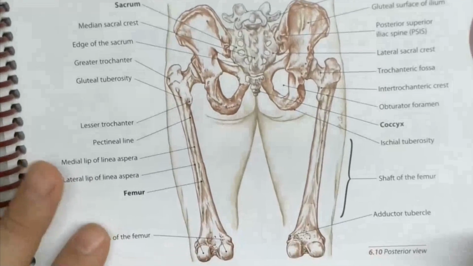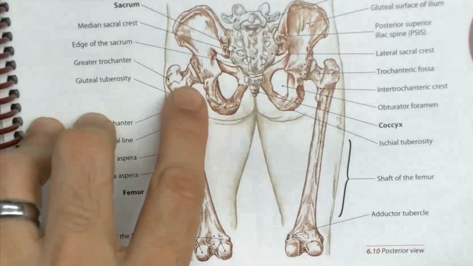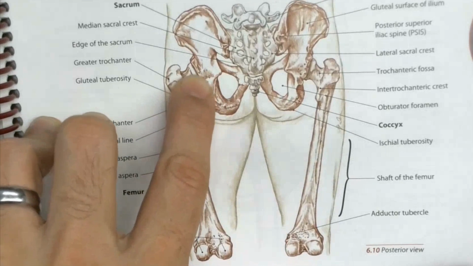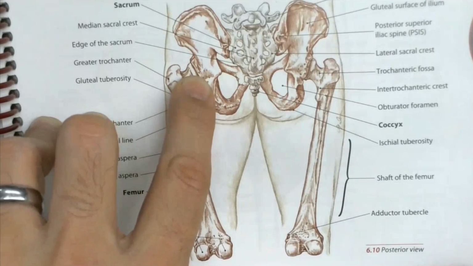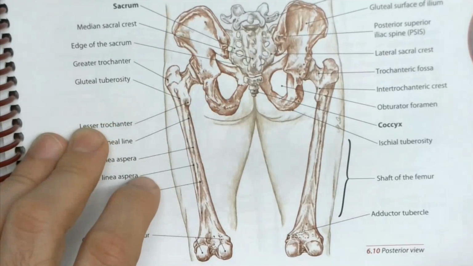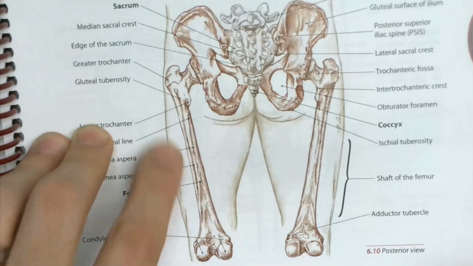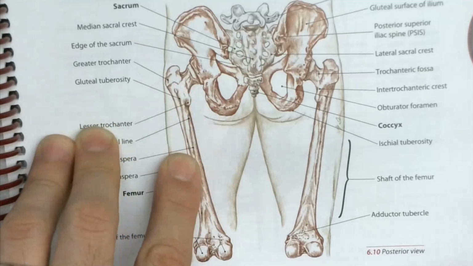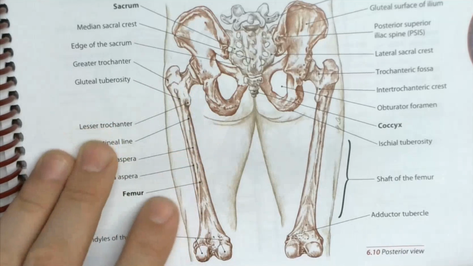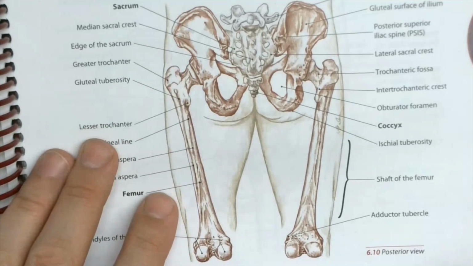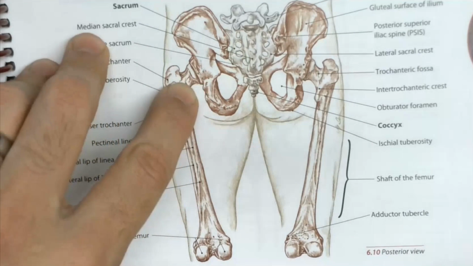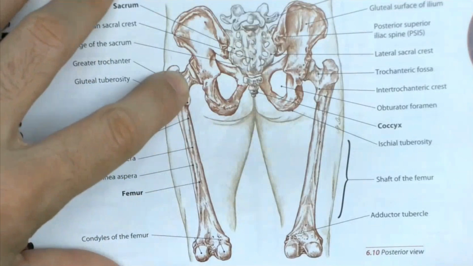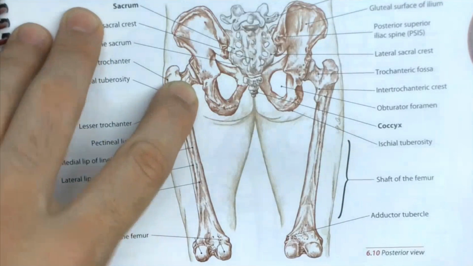In this image, you can see a large rounded structure sitting inside that acetabulum we just observed. We call this the head of the femur. The head of the femur is then attached to the bulk of the femur with what we call the neck. So there's a neck right there.